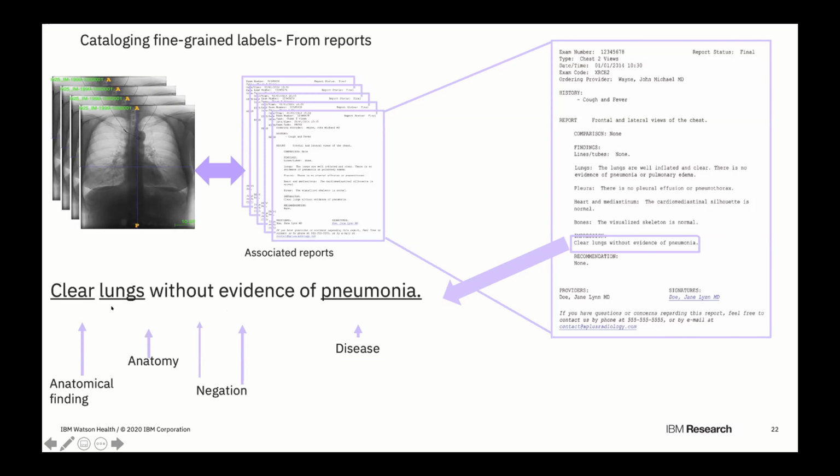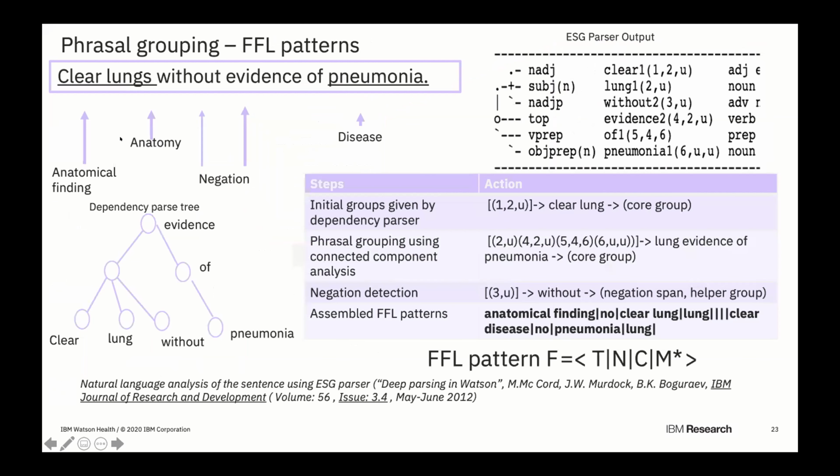So the approach we use for that is to analyze a sentence and use the core findings to label the various elements. For example, we know pneumonia is a disease, clear lungs is a description of a finding, and the lungs refers to an anatomy. This information we can get from the lexicon if you look at a typical sentence from a report, the companion reports to your chest X-rays.